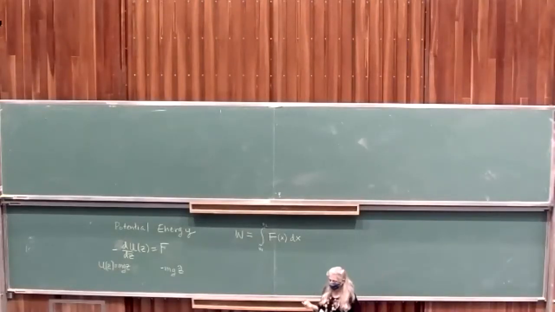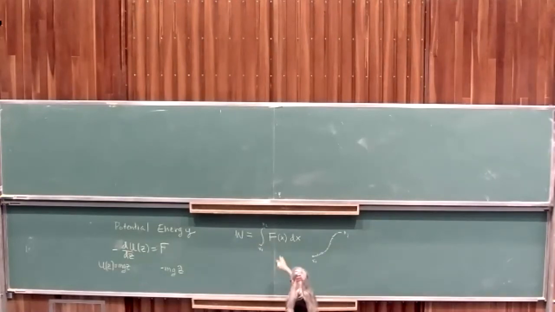Work is force times distance, but if you have a varying force, then you need to integrate out this little piece. Here we have some x1 and x2, and we have these little forces, and we're integrating up the work.